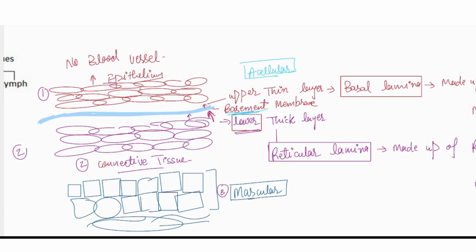In between the epithelium and the connective tissue there is a basement membrane, and the connective tissue is named so because it makes a connection between the epithelium and the muscular tissue. Now we are going to start the connective tissues, but up to here I hope it is clear. Let's see the next part, part 3, in the connective tissues. Okay, thank you.